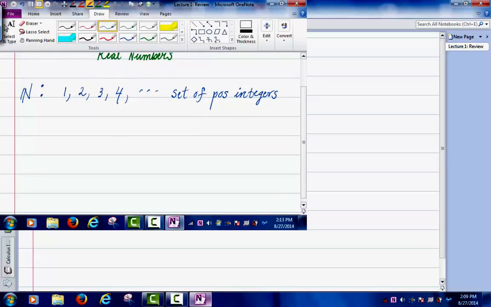The next bigger set of numbers would be denoted by Z with a double line in the middle, and this will denote the set of all integers. So you have the positive integers, negative integers together with 0. So you got -2, -1, 0, 1, 2, 3, ... So this is the set of integers.